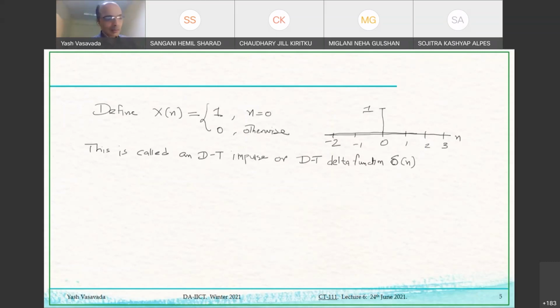Now, suppose I have this x of n as a delta function, let us see what y of n becomes.